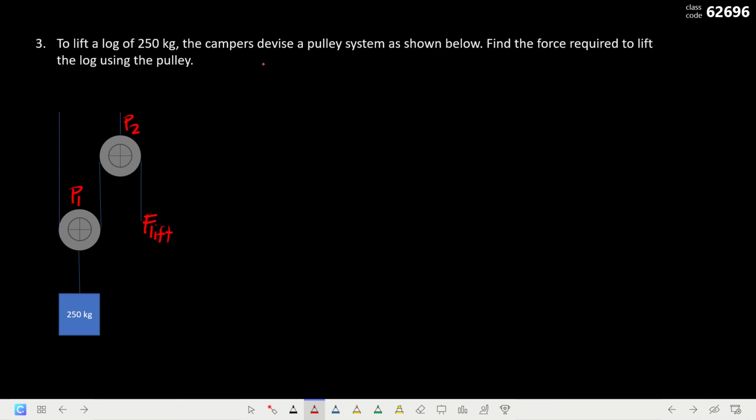To answer this problem, first we need to identify the forces acting on this system. We have here pulley system number 1. Let's first analyze the forces acting on pulley system number 1, and then later, let's analyze the forces acting on our pulley number 2.